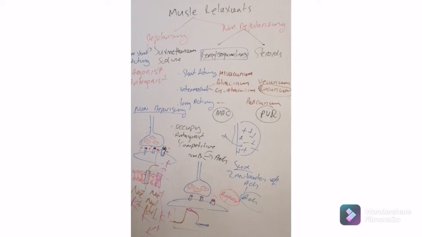So because sodium keeps coming in, let's kick out a positively charged ion as well, and that happens to be potassium. So as you kick potassium out, this is how suxamethonium gives hyperkalemia.